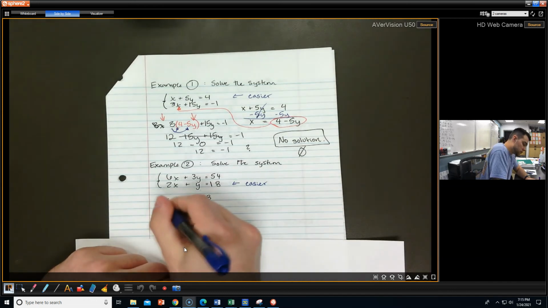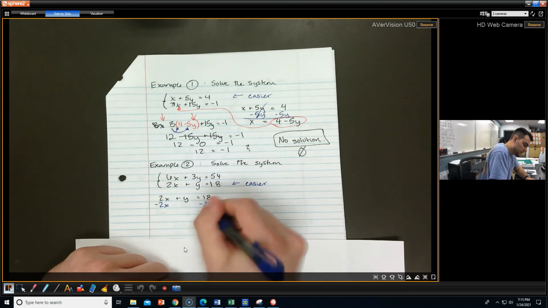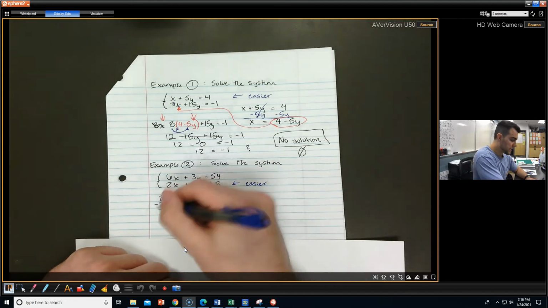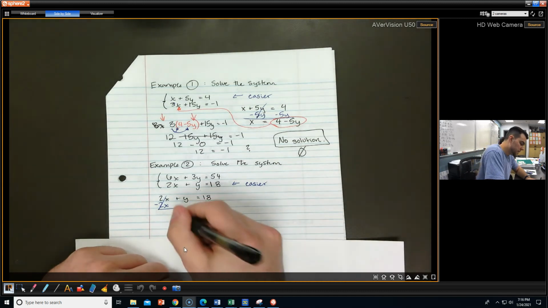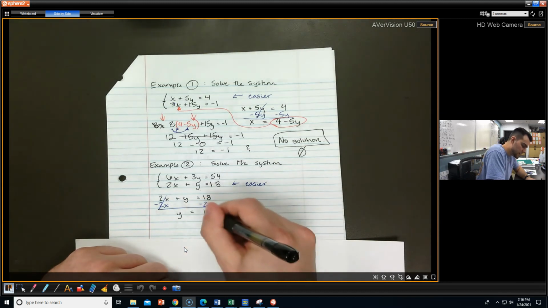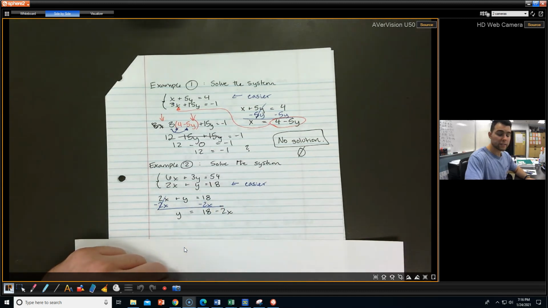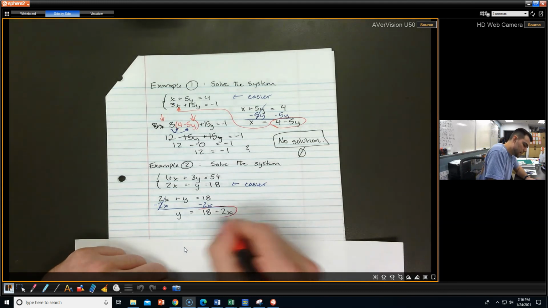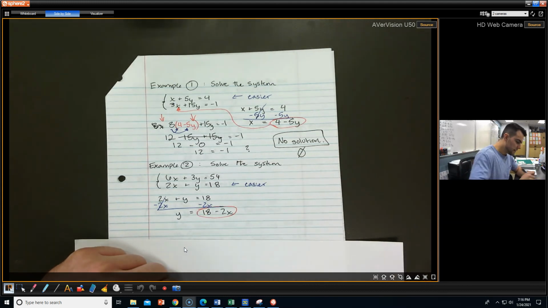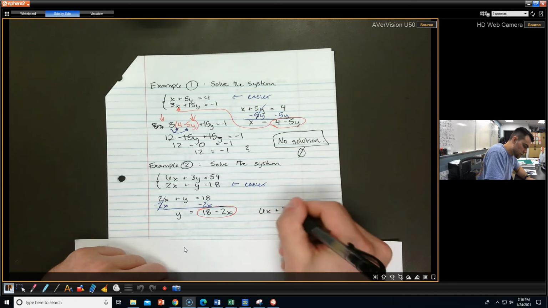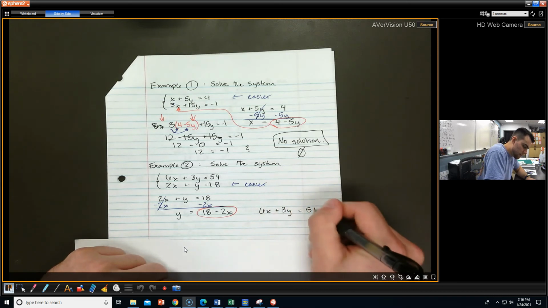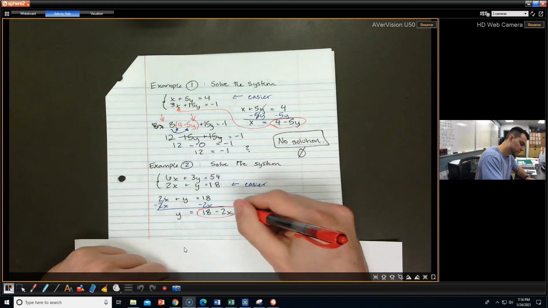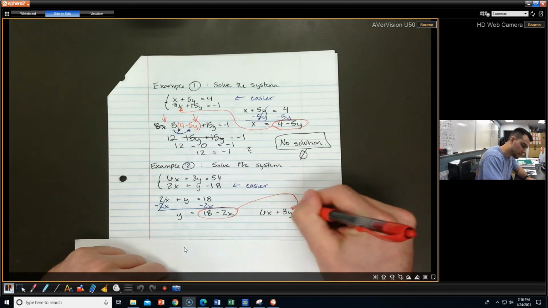Let's see. I subtract 2x here. So these cancel here. I'm left with y is equal to 18 minus 2x. That is my new y. Okay, so now in the other equation, I have 6x plus 3y equals 54. Let's take that y I just got, and let's plug it in for this y right here.